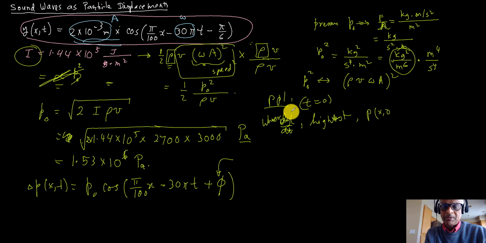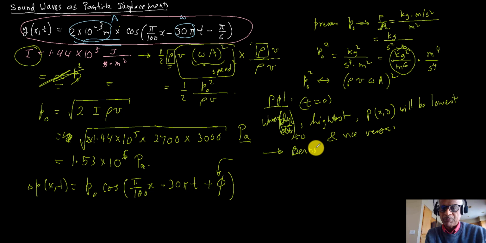So if this is highest at some x, take t equal to 0. This will be highest where px0 is lowest, and vice versa. You can show this by using Bernoulli's principle in fluids.